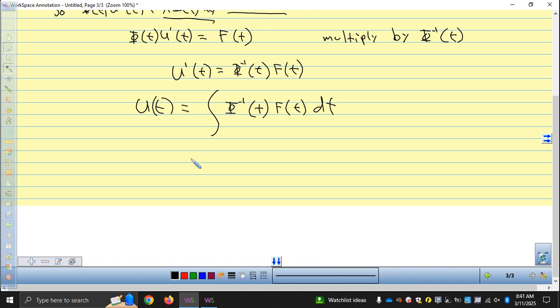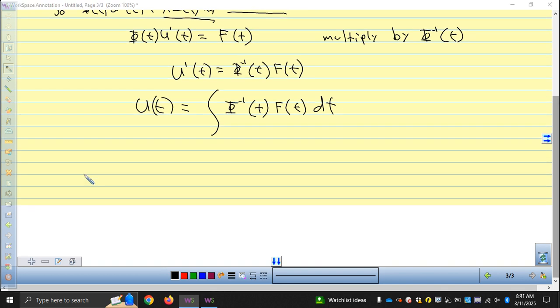And our general solution then, x equals phi of t times c.